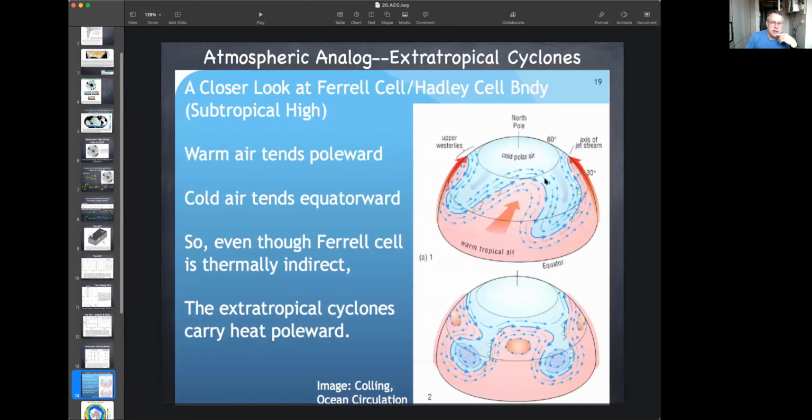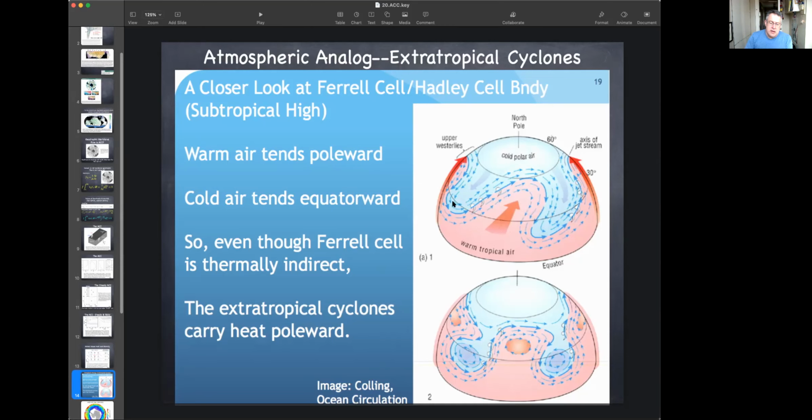We talked very briefly about something similar happening in the atmosphere, where warm tropical air and cold polar air would be exchanged whenever we had troughs or basically storms in the jet stream. If this warm tropical air is exchanged or dissipated, and the cold polar air is mixed up or dissipated, then there's a net heat transport implied by that.